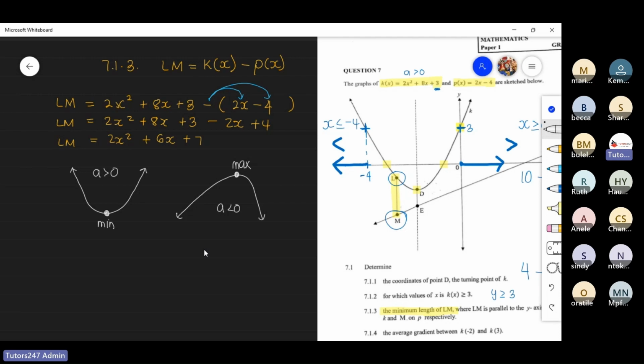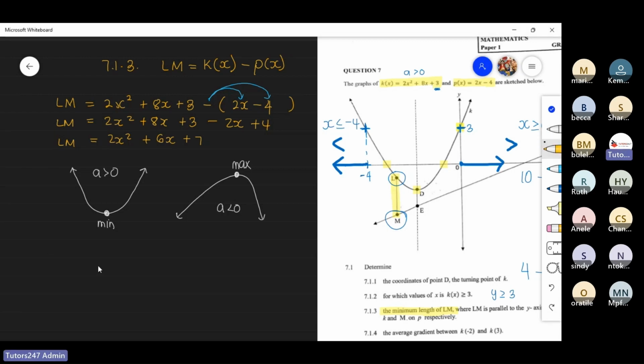So based on that, if we want to find the minimum length LM, keeping in mind that the equation of the length of LM now represents a parabolic function, all we need to do is find the turning point of LM, because technically minimum represents turning point. So let us do that.